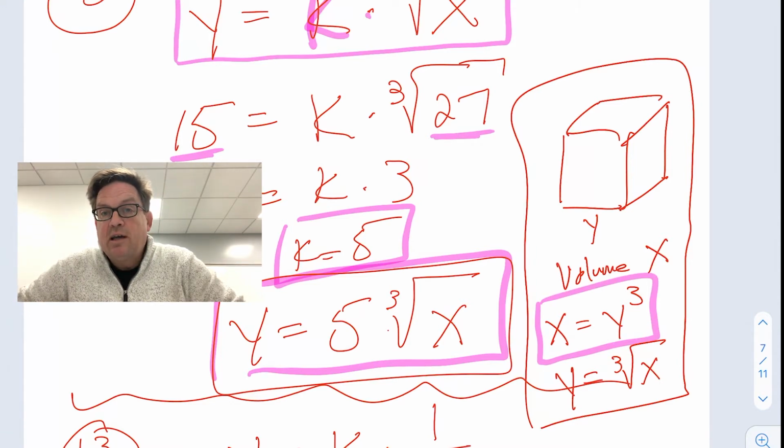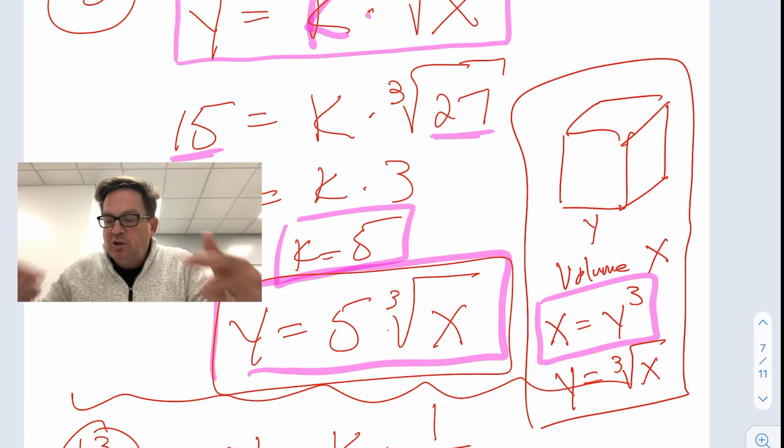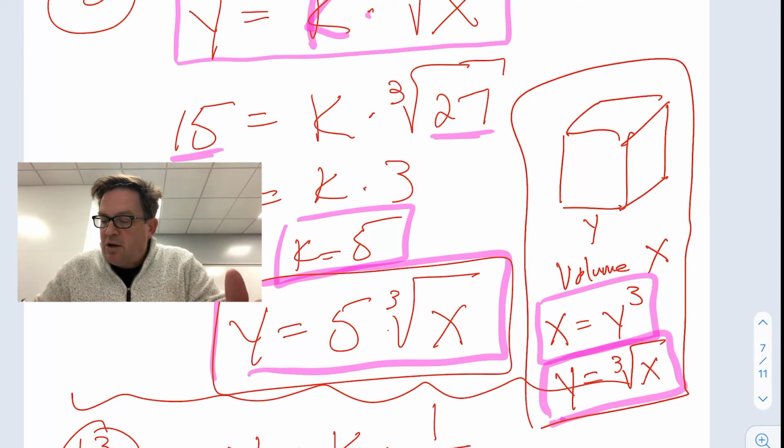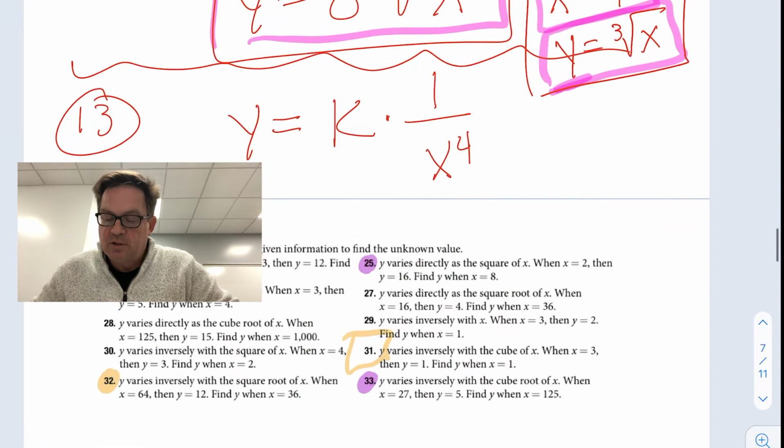If I double the length of the side, my volume is going to increase by 2 cubed, so the volume is going to be 8 times as much. Conversely, the side is proportional to the cube root of the volume. So if I want to double the volume, I have to multiply the length of the side by the cube root of 2. Think about that, and we'll talk through some examples.